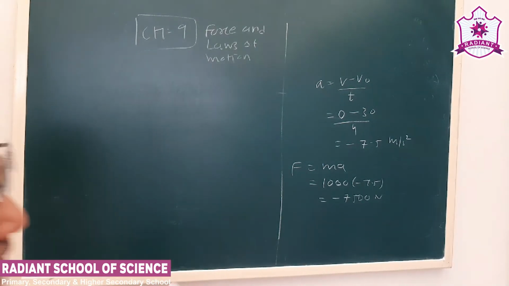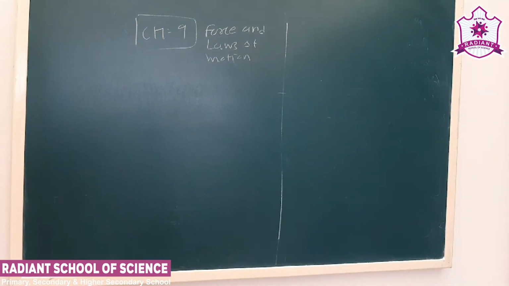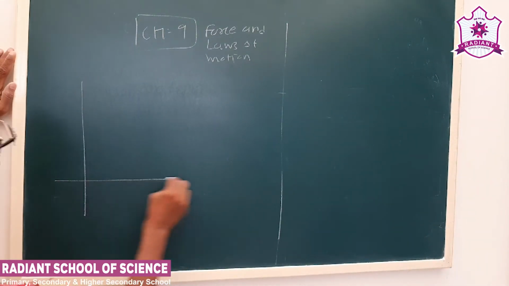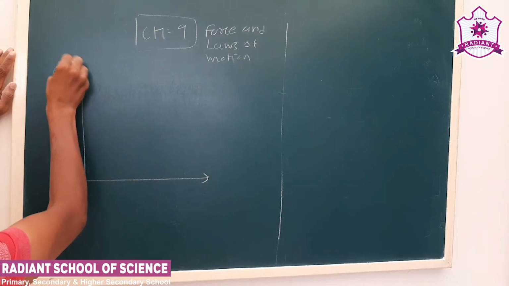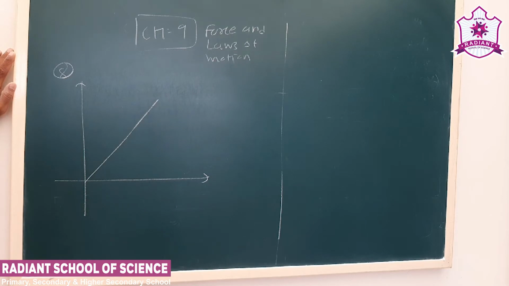Now, sometimes the question may be given in terms of a graph. Let us take an example based on this. A velocity time graph for a body is given.